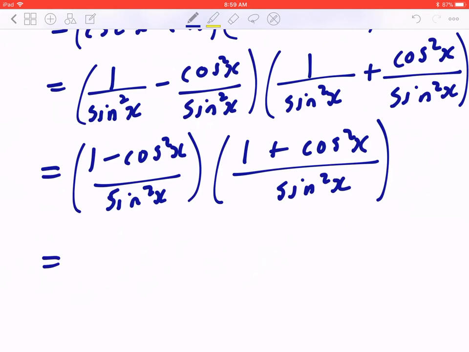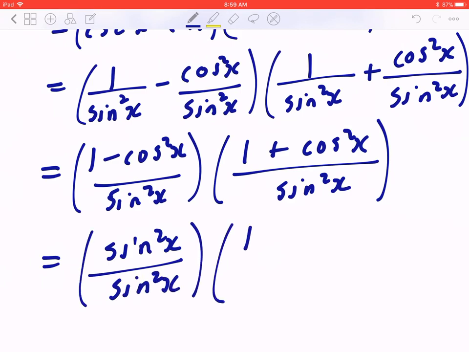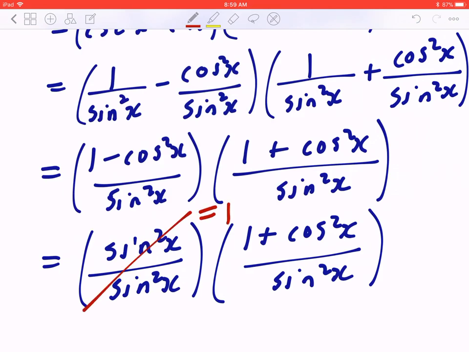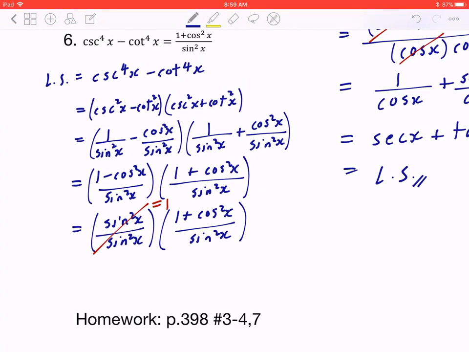Again, 1 minus cosine squared x is sine squared x divided by itself. In the second fraction, just copy it. And now, when you look at this, the first fraction equals 1. And now you get exactly the same as the right-hand side.